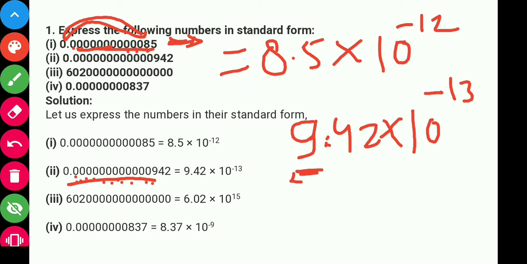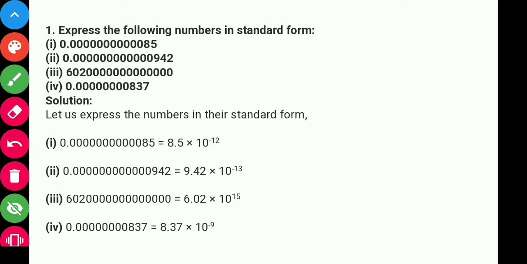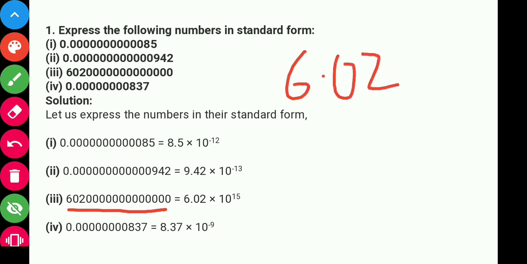So now you have learned how to write any decimal in standard form. Now the next one is a larger number, and you have to write it in standard form. In this case you have to put the decimal after one digit. So here you write 6.2 602 and then 000, as given. Here the decimal is put after the first digit, and then you count how many zeros are given.